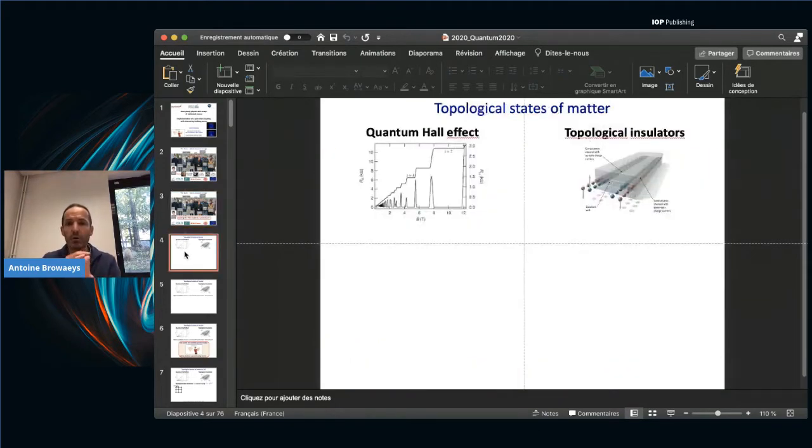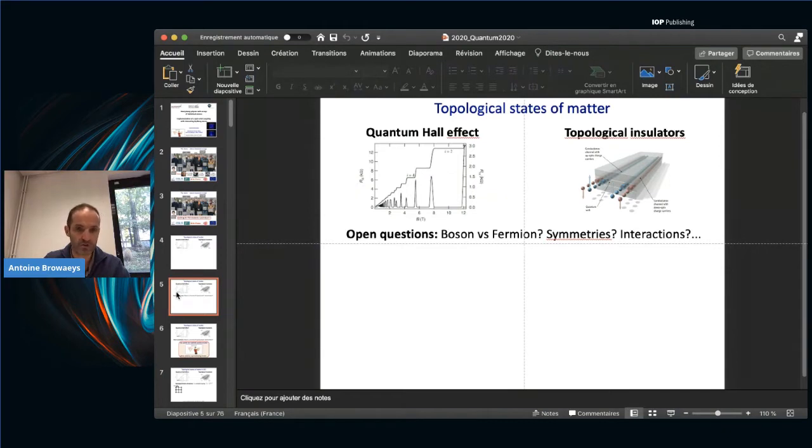What we're interested in is to explore topological states of matter. As you probably all know, there are many examples of such states of matter, like, for example, the quantum Hall effect, but also more recently topological insulators. Despite the fact that a lot is known about those states of matter, there are also a lot of unknown questions.